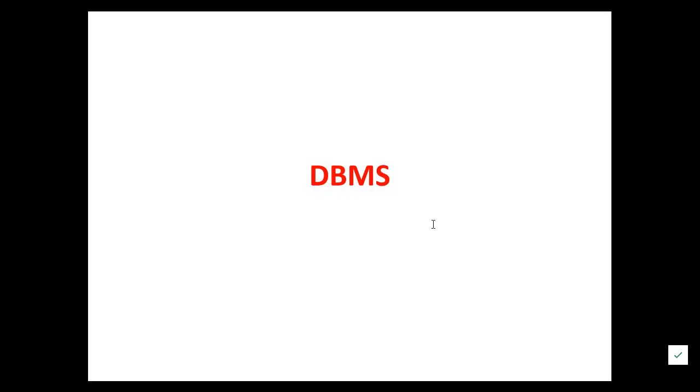Example: students table, employees table, and so on. The next one is data processing, performing operations on the input data to generate outputs. The last one is database management system, which lets us access the data conveniently and efficiently.